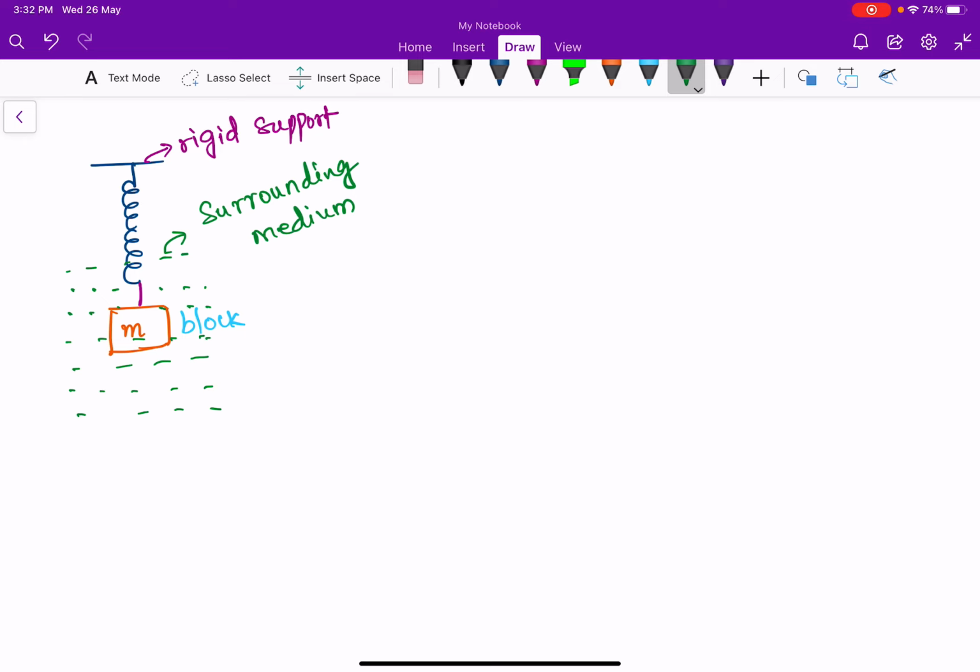Air drag offers some damping to the simple harmonic motion. When you displace the object up to this location and leave it, the oscillator oscillates up and down about its mean position like this.